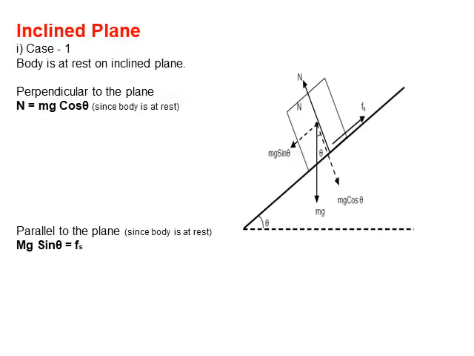Now for inclined plane, case 1, body is at rest on the inclined plane. Perpendicular to the plane, the normal reaction balances the weight component mg cos theta, and parallel to the plane, mg sin theta will be equal to Fs.